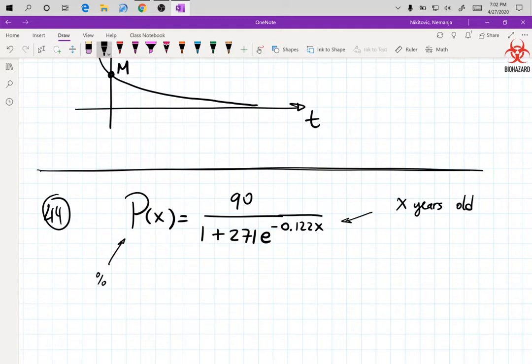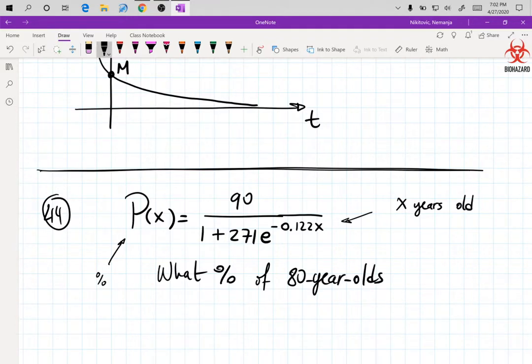Use the function to solve what percentage of 80-year-olds have heart disease.